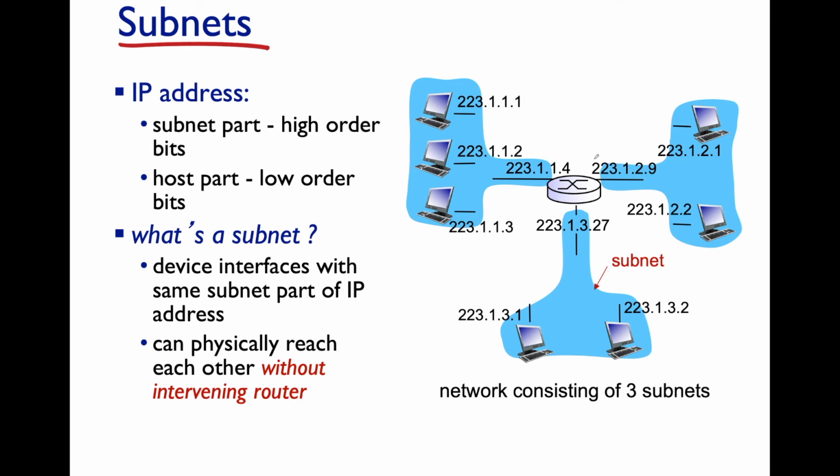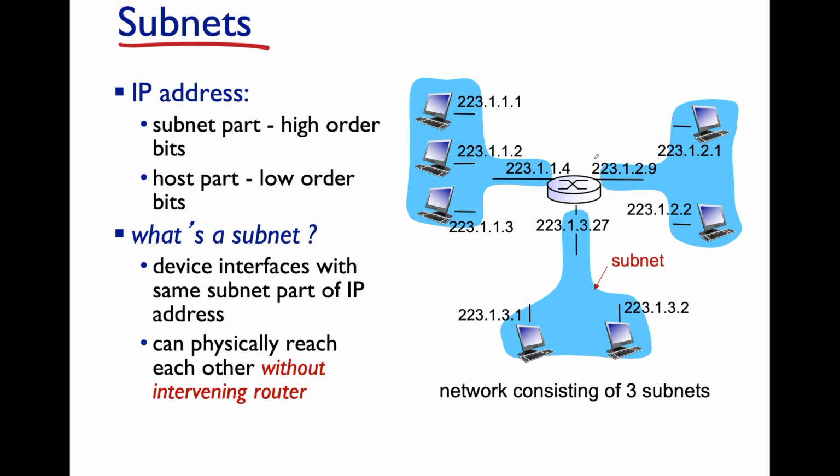And if you ask the question about what exactly is a subnet, it's the set of device interfaces that have the same subnet part of the IP address. That's called a subnet. And moreover, they can physically reach each other without an intervening router to store and forward datagrams. So you only need a router when you're trying to get datagrams to a different network from your network.